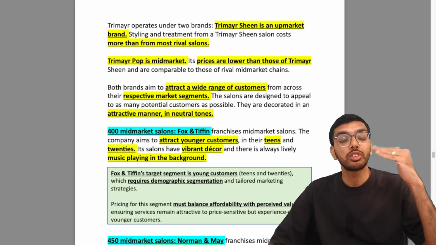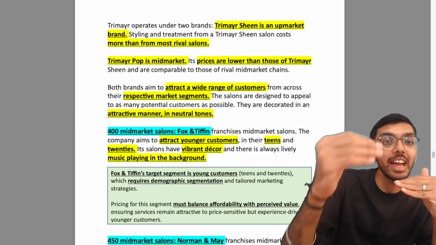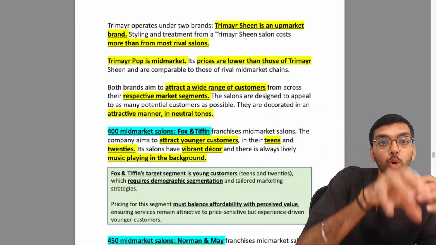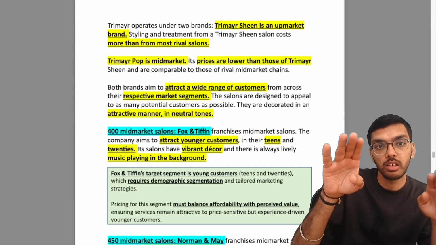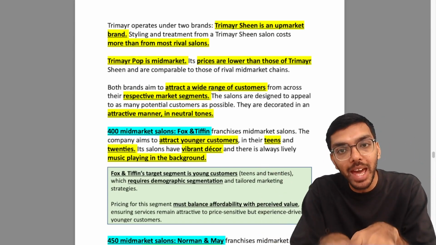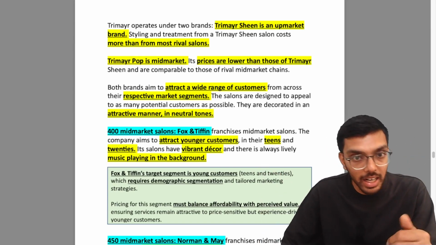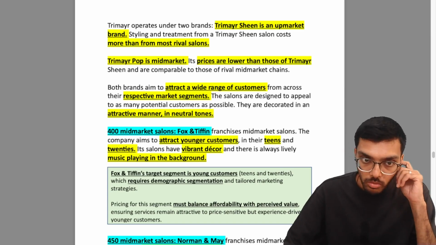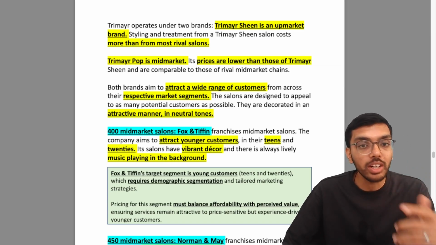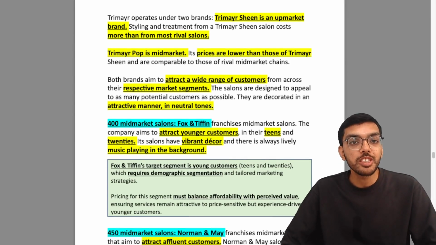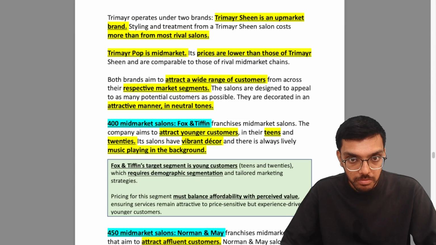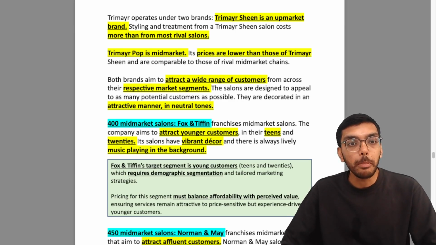So Trimayr Sheen has prices higher than most rivals, even in the upmarket segment. Pop is lower than Sheen but comparable to mid-market rivals. Both brands aim to attract a wide range of customers from across their respective market segments. The salons are designed to appeal to as many potential customers as possible, and they are decorated in an attractive manner.